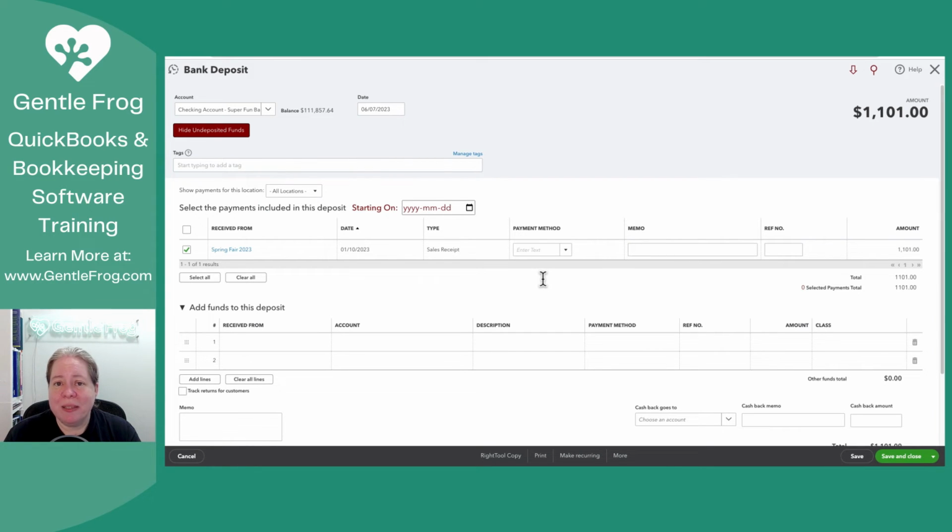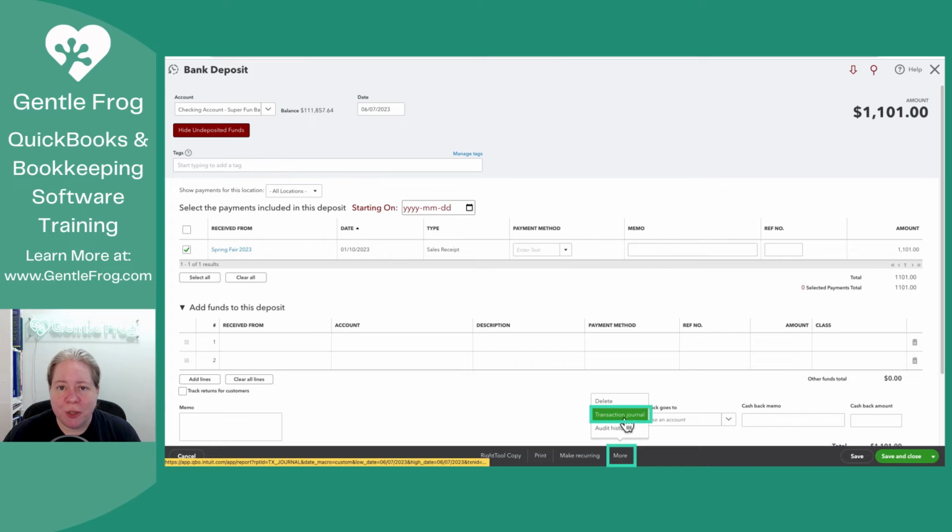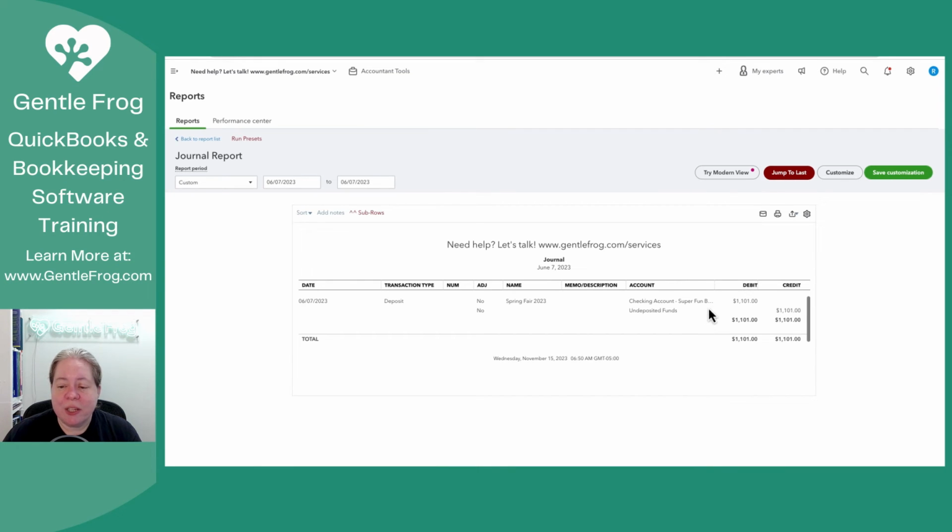What I think might be easier for people who don't have the experience and see it quite in the same way is just to look under the hood. So let's go do that. Let's click on More at the bottom of the screen, and then we'll go to Transaction Journal. When looking at the Transaction Journal, I can see that I have debited or increased my checking account, and I have credited or decreased undeposited funds.